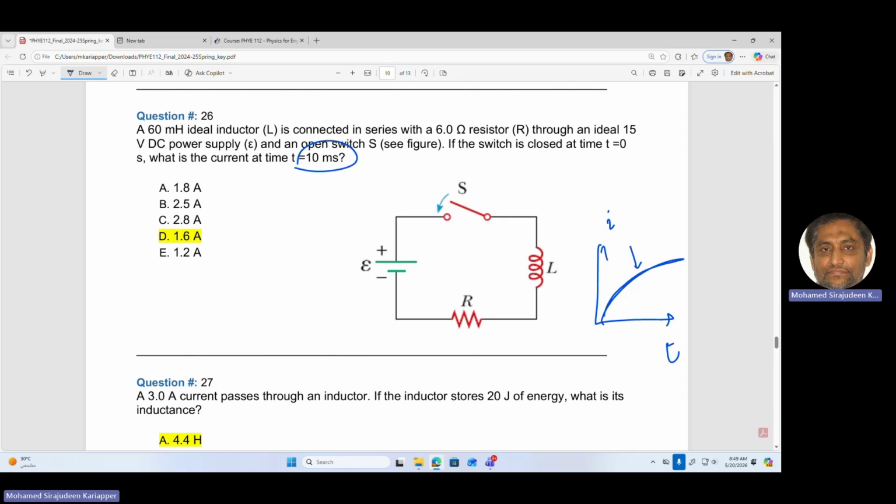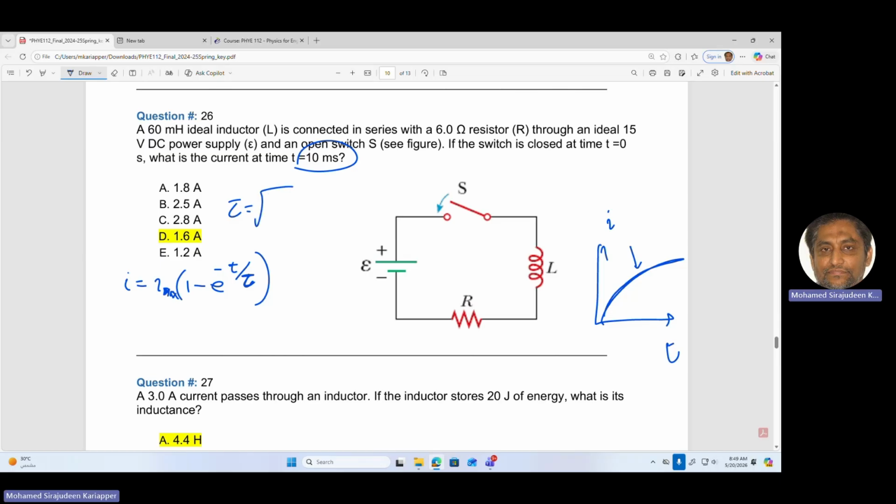So we come here, you write the equation. I max, this is the time, this is the time constant.